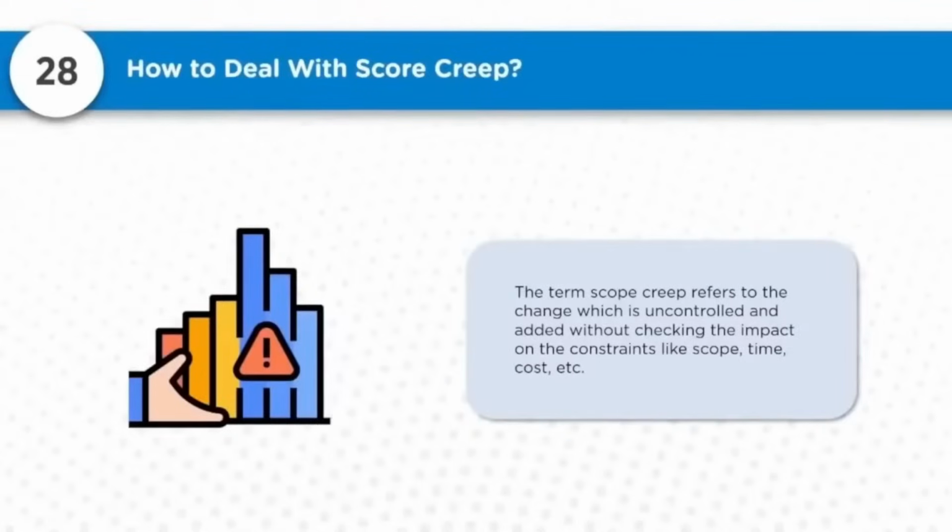It may add value, it may not add value later, it doesn't matter, but it may impact your cost, time, and schedules in an unexplained way. And that extra effort and extra cost you have put in will not be recognized by customers, and you will not get paid anything for it.